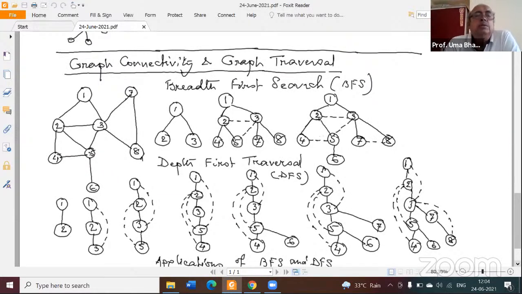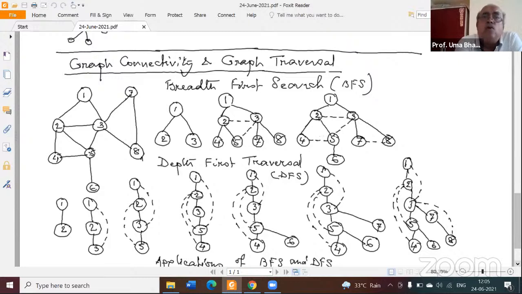Now, what is my next step? I have the next level, I have 4 and 5. Oh, there's only one mistake. There should be one dotted line between 4 and 5. I made it here. I forgot it.